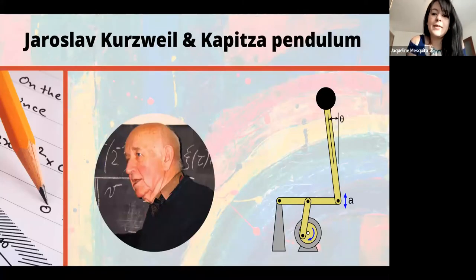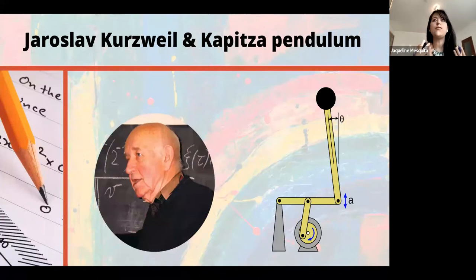So in order to start my talk about these types of equations, that's the measure differential equations, I will recall very fast the type of integration that we use here, that's more general than Lebesgue integration. So here we start in 1957 with Jaroslav Kurzweil, and he was very interested in understanding the Kapitsa pendulum problem.